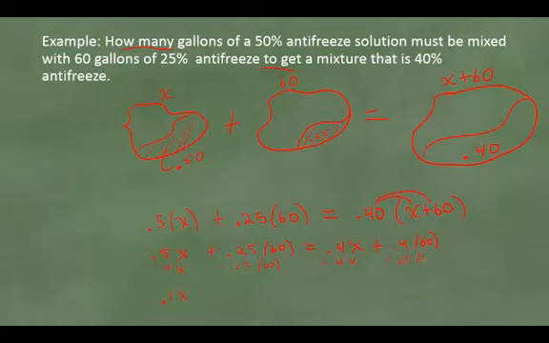0.25 times 60. So here they cancel. I'm left with equals. Here this cancels. 60 of 0.4 minus 0.25. 0.4 minus 0.25 is 0.15 times 60. Look, we've almost got x solved for. We just need to divide by 0.1.